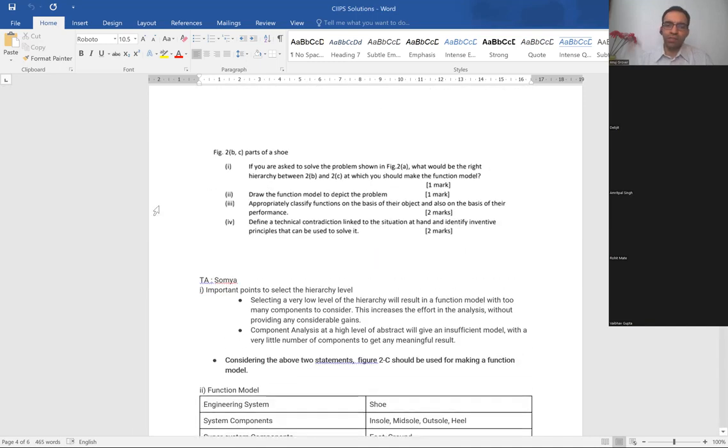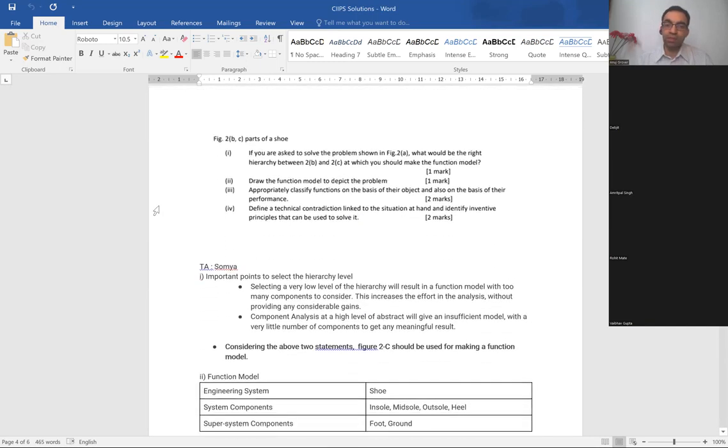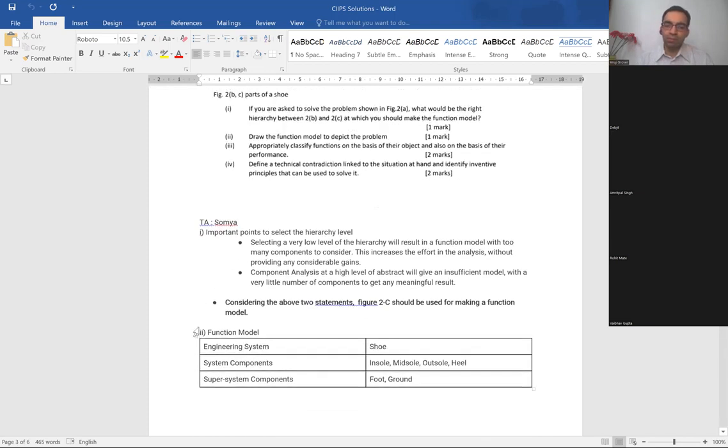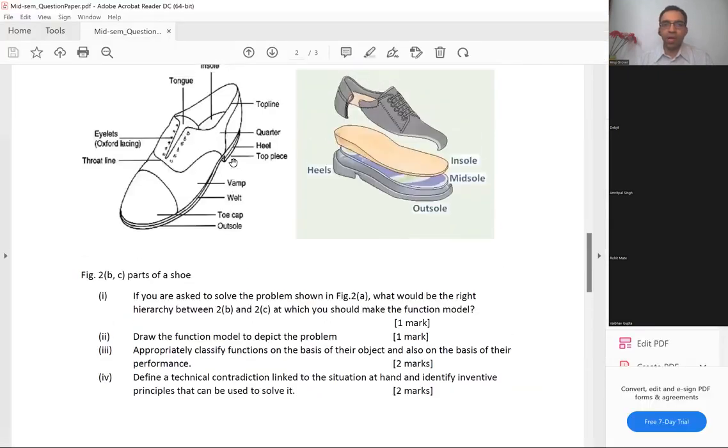See, 2B is a very complex engineering system in the sense that it takes you very far away from the real problem. There will be too much abstraction, too many components. If you model it, you're talking about eyelets, throat line, toe cap, and so many things, it would make your life very difficult.